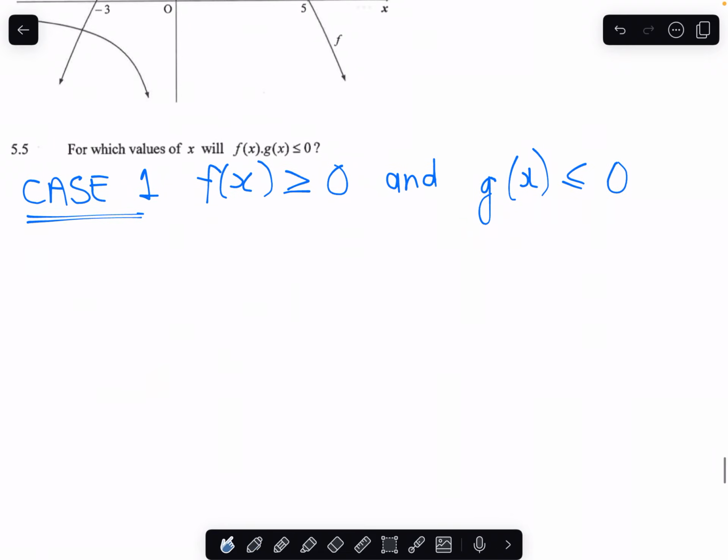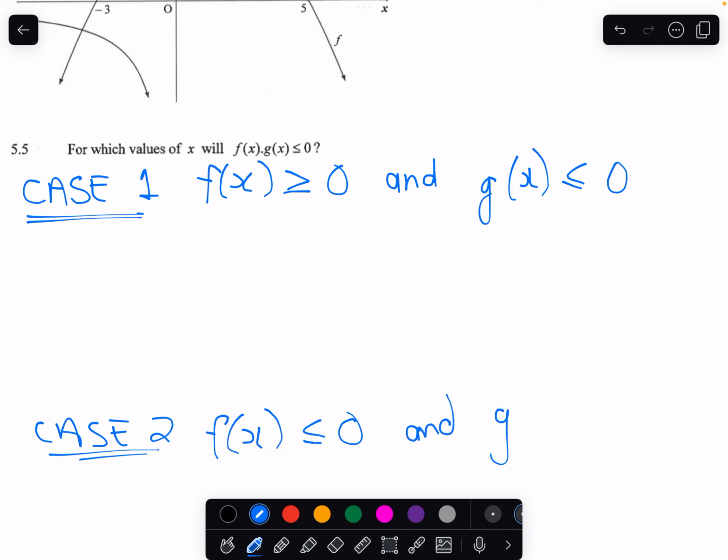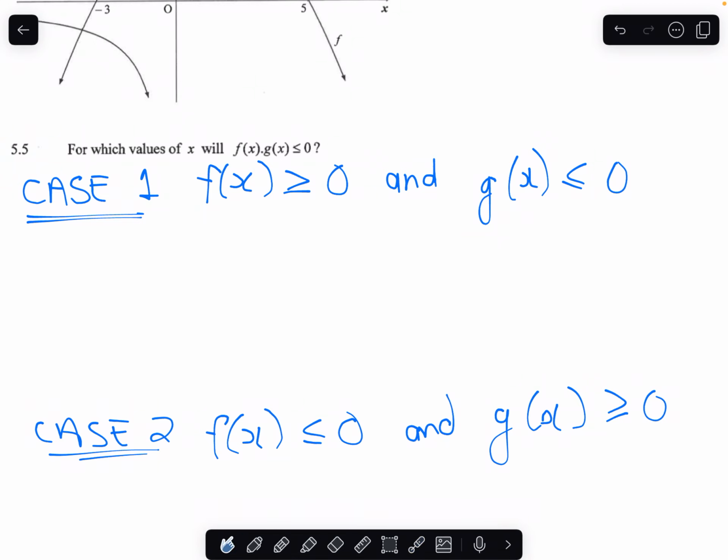That's the first case. Then the second case is where f of x is smaller than or equal to 0 and g of x is greater than or equal to 0. That's the only way that we're going to get a product that is negative or equal to 0, if the one is positive and the other is negative, or the one is negative and the other is positive.